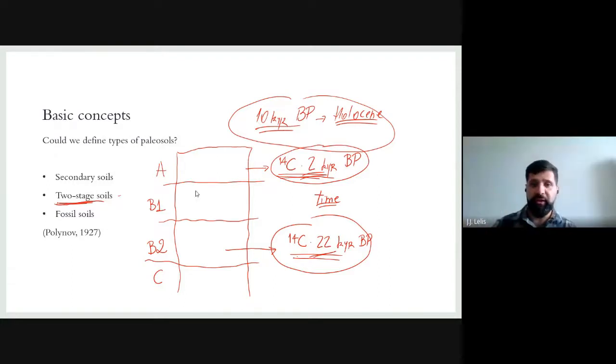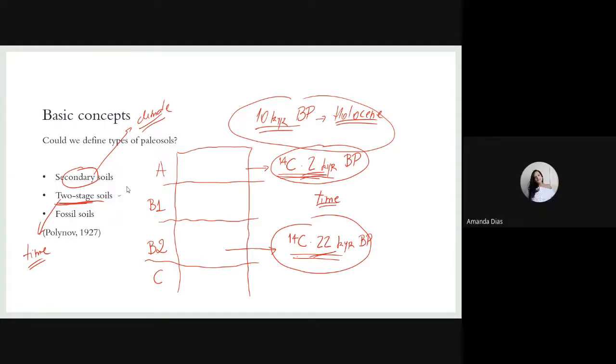We just think here in time. So here we think in climate, and here we think in time. We have different soil formation factors that are the main property that we have to understand, different conditions.